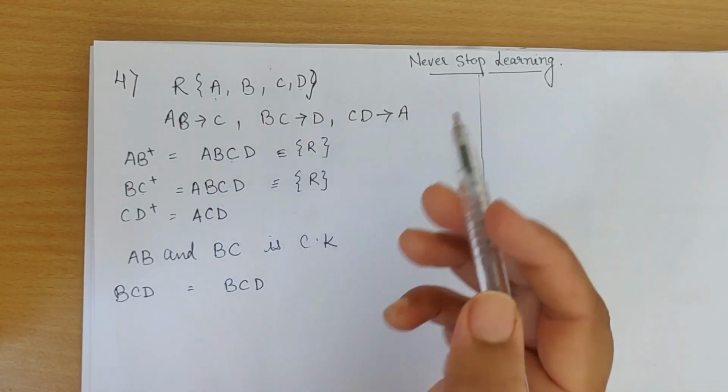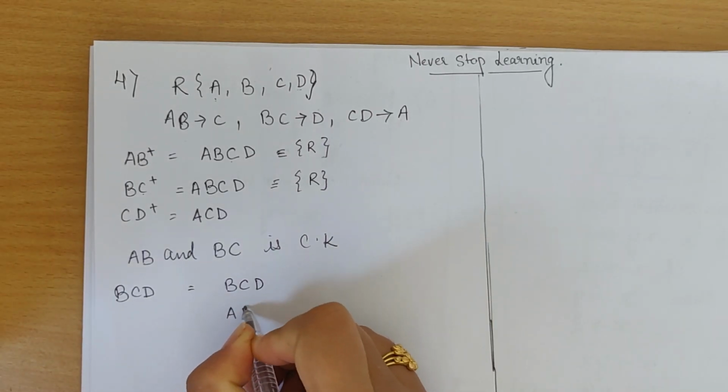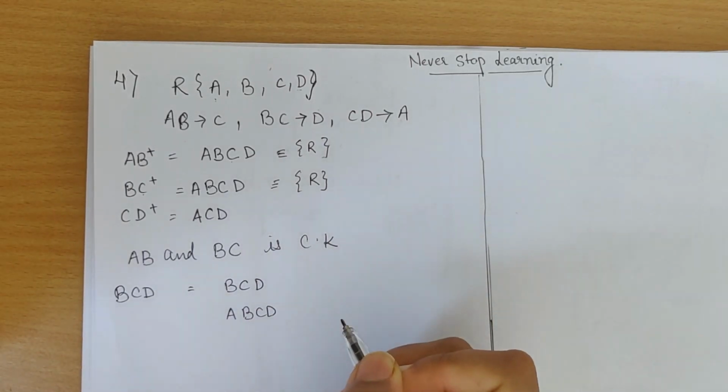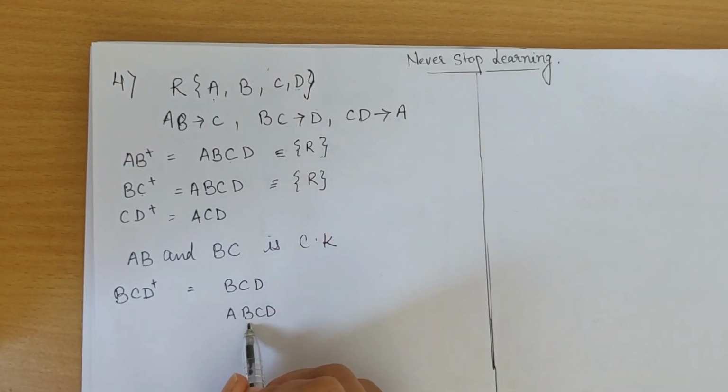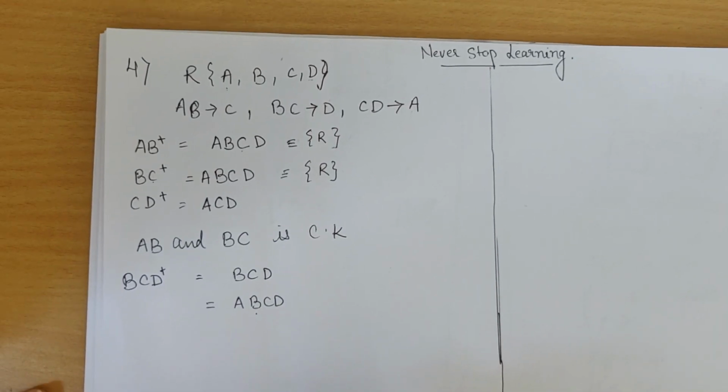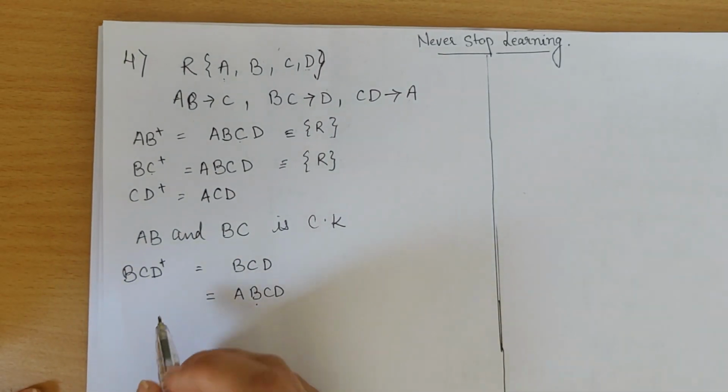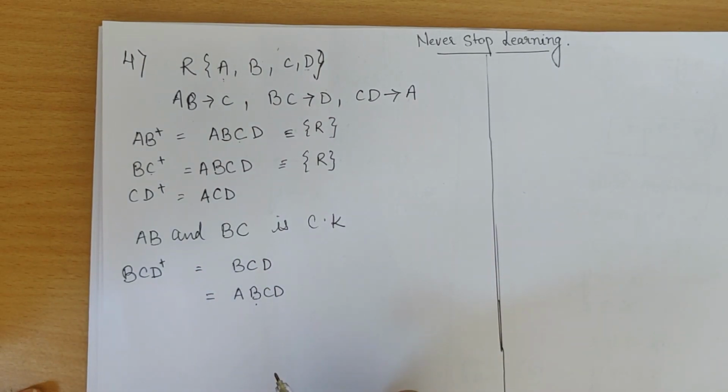Then CD determines A. So can I write ABCD? Yes, I can write. So BCD closure can determine the entire relation R, but then also BCD will not be the candidate key. We will not take BCD as candidate key.